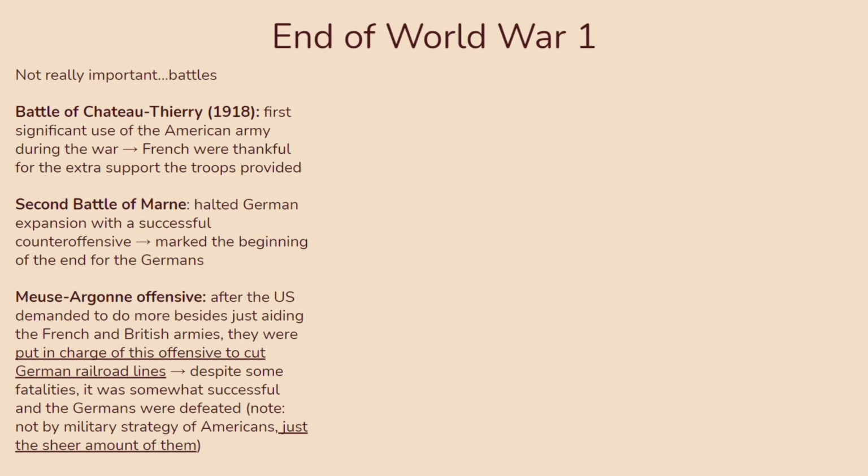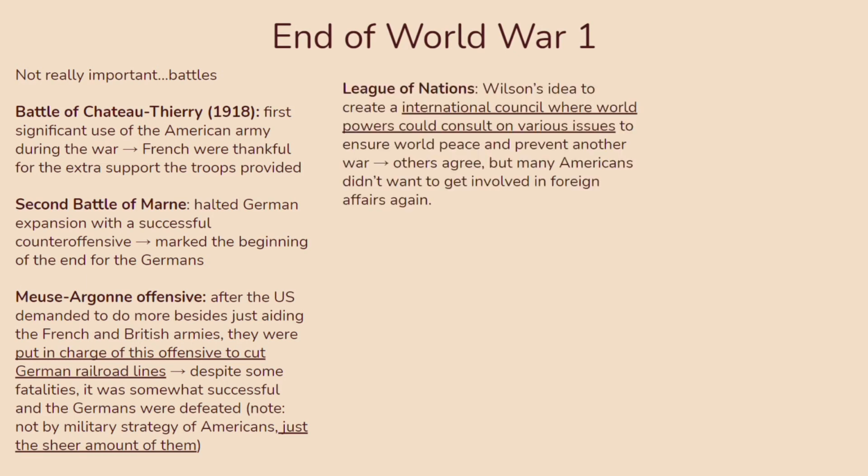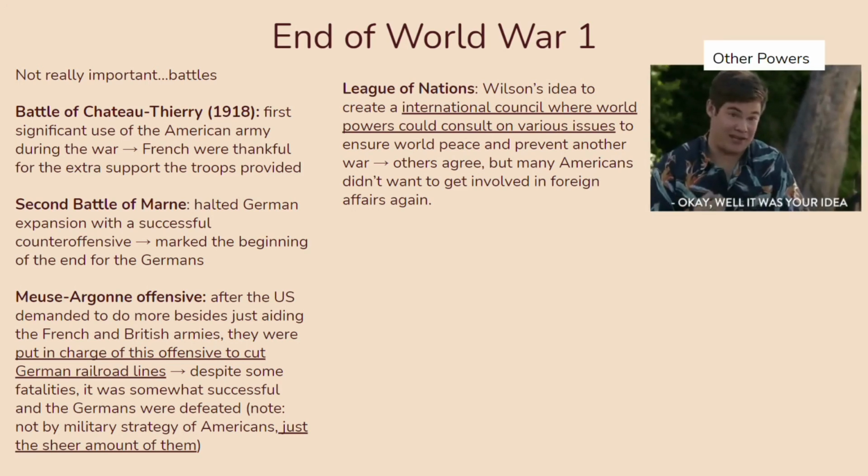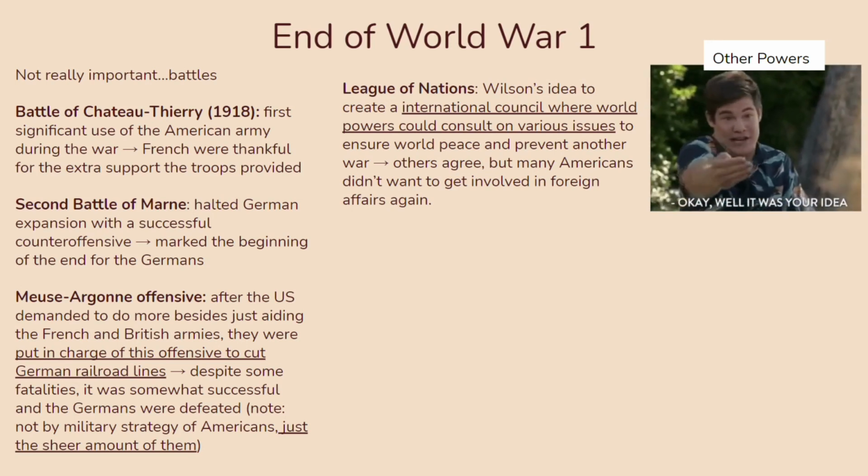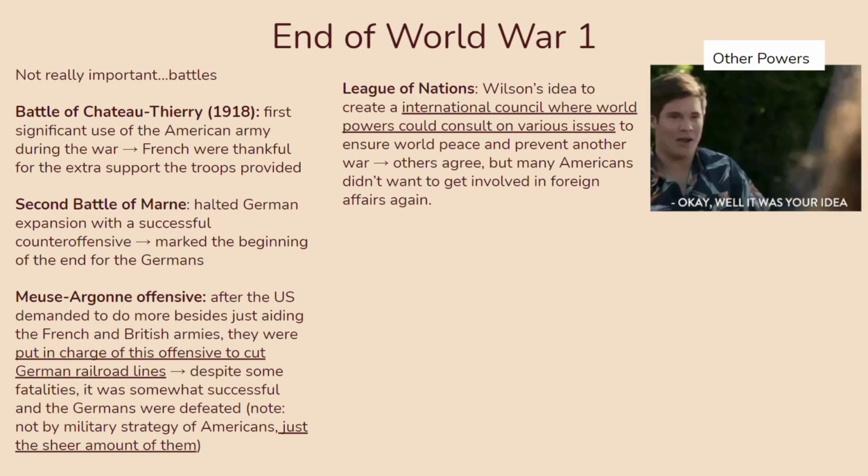But one thing you should definitely know about is the League of Nations, and this was again Wilson's idea to create an international council where world powers could consult on various issues to ensure world peace and prevent another war. And although some other countries did agree with the idea, many Americans didn't want to get involved in foreign affairs again, so Wilson eventually pulls out of the League of Nations, and people are like, well, this was your idea, so why did you propose it if you weren't going to do it in the first place?